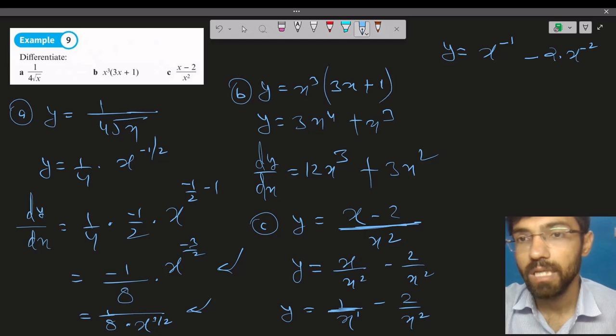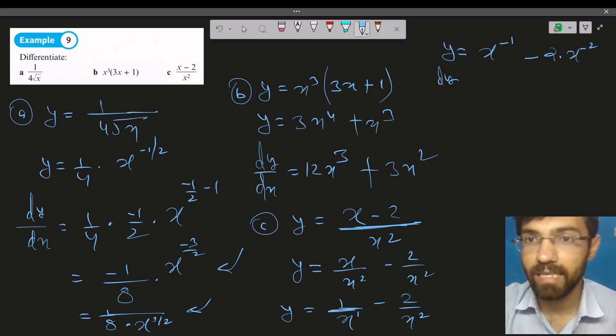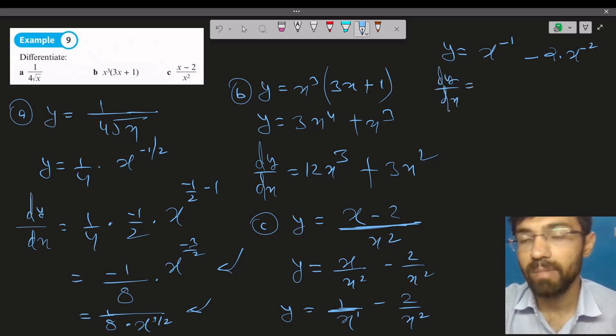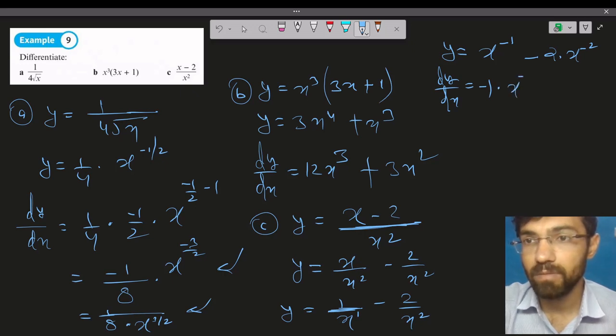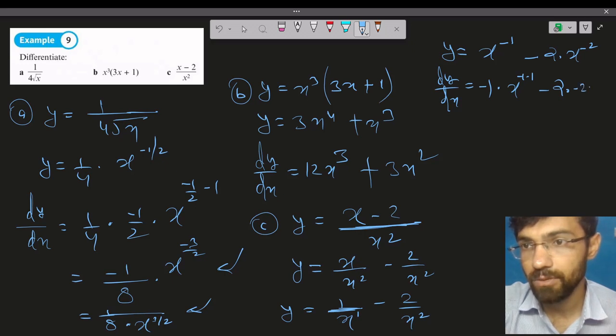Now let us differentiate. So dy by dx equals x raised to minus 1. We will apply the power rule. So the power will jump off and decrease by 1, so minus 1 into x raised to minus 1 minus 1, which is minus 2. Minus 2 will remain as it is, and this power will jump off: minus 2 into x raised to minus 2 minus 1, that is minus 3.